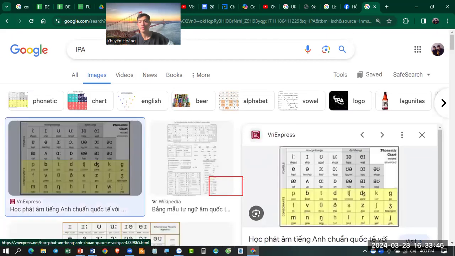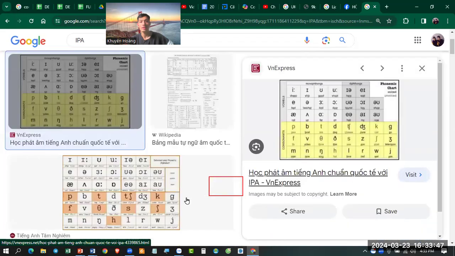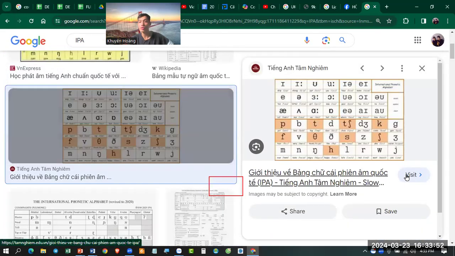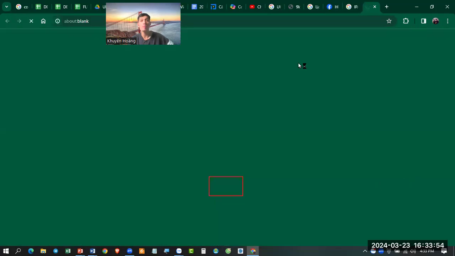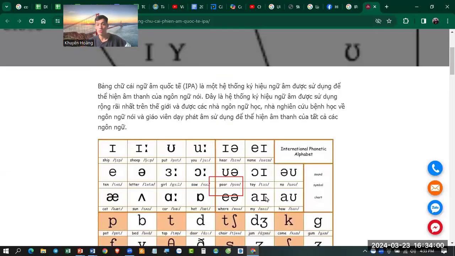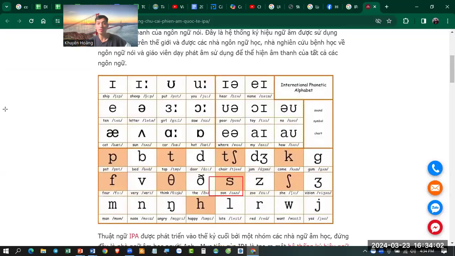All right, so I'm gonna introduce a little bit. There are 44 sounds in total in English to make the pronunciation of all words in English, I mean.